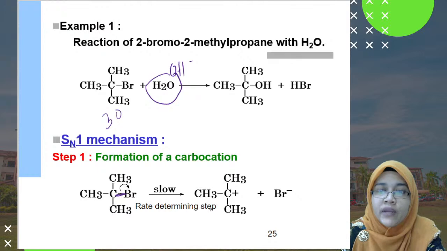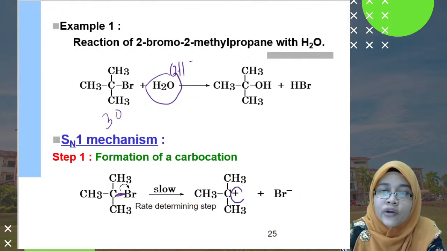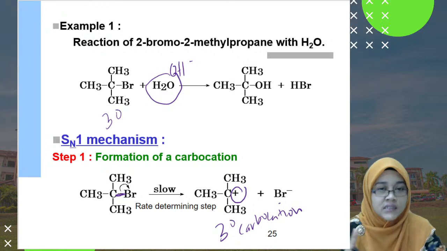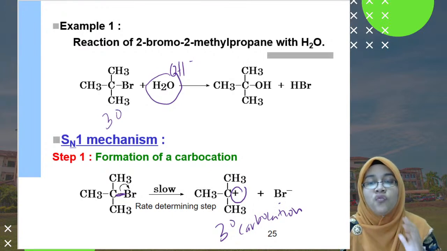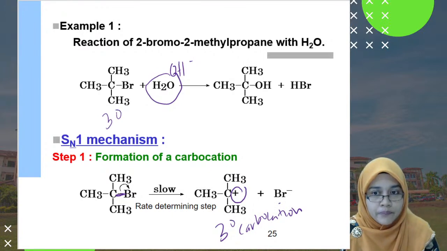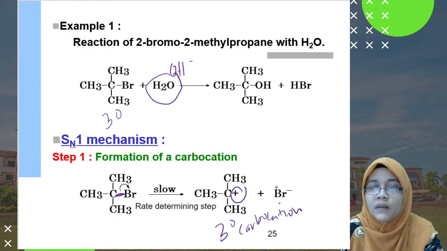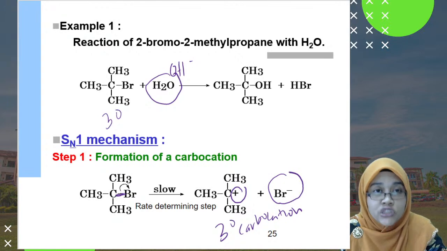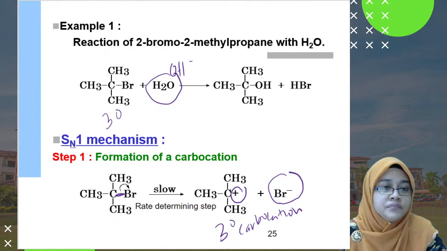When it breaks, it becomes a carbocation. What kind of carbocation? It forms a tertiary carbocation. The first step for SN1 is to form the carbocation, and of course Br minus is the halogen that breaks off.